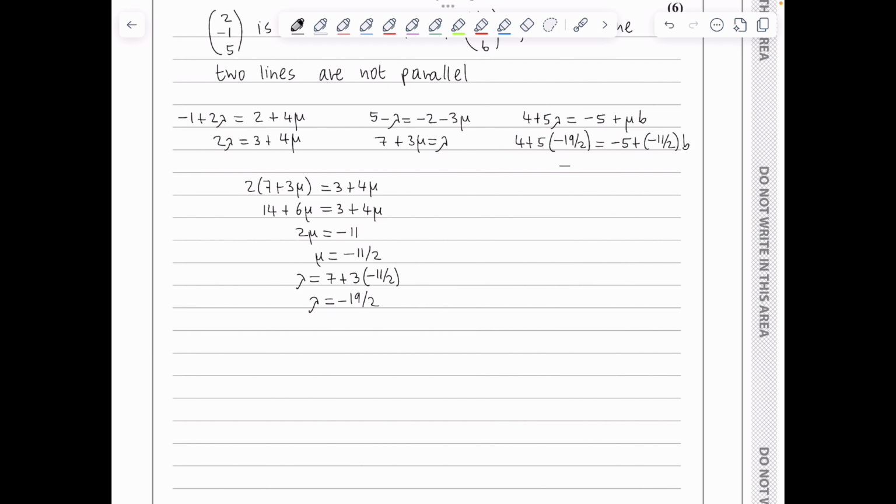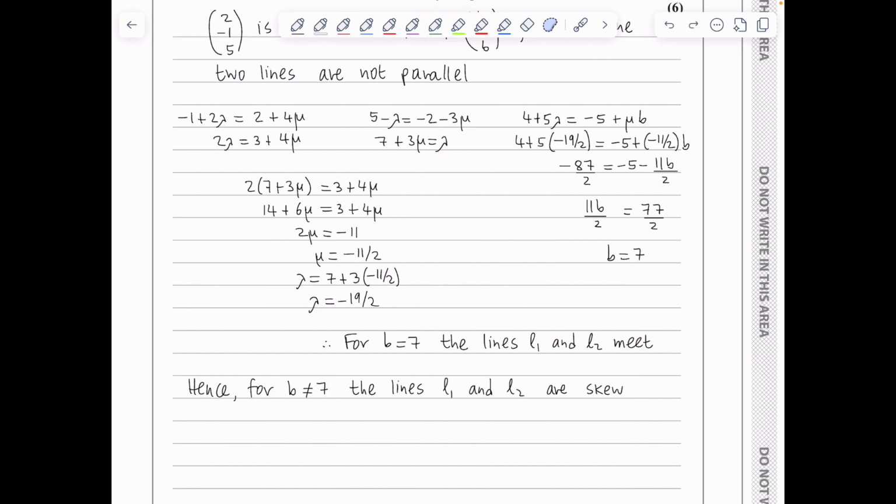This leads to minus 87 over 2 being equal to minus 5 minus 11b over 2. So we get 11b over 2 being equal to 77 over 2, and therefore we conclude that b is 7. This means that for b equal to 7, the two lines have a point of intersection, the two lines meet, and therefore for b not equal to 7, the two lines are skew.